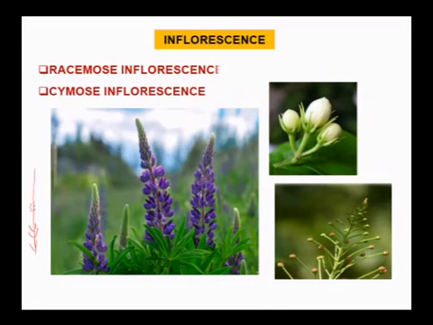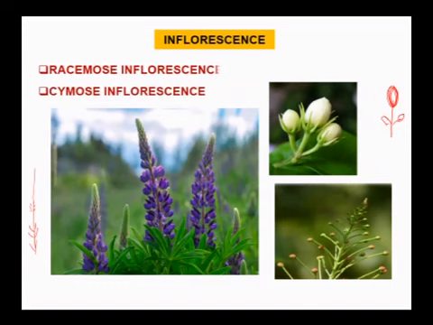If you look at the other diagram, the peduncle ends into the oldest flower and the young flowers are below the old flower. So here it is a definite kind of inflorescence where rachis growth is not continuous, terminating into a flower which is oldest, and below that young flowers are growing.